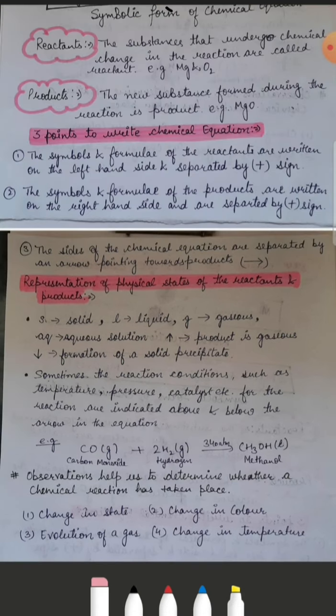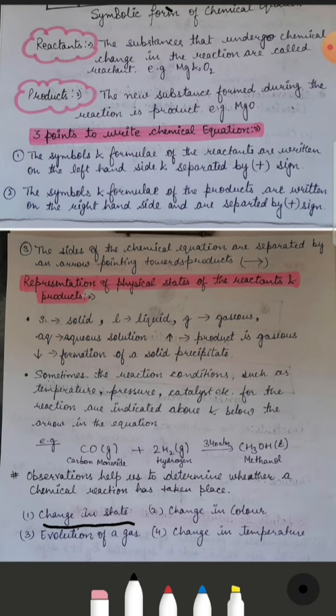Let's go to another topic, that is, observations that can help us tell whether a reaction is taking place or not, right? Number one is change in state. Yes, we have taken that example of curd. There the state is changing. Milk is liquid and curd is a little bit solid.